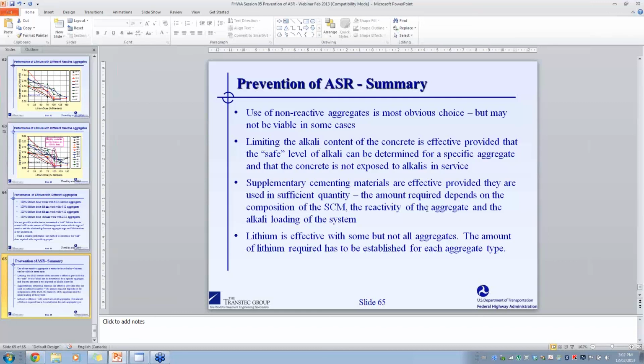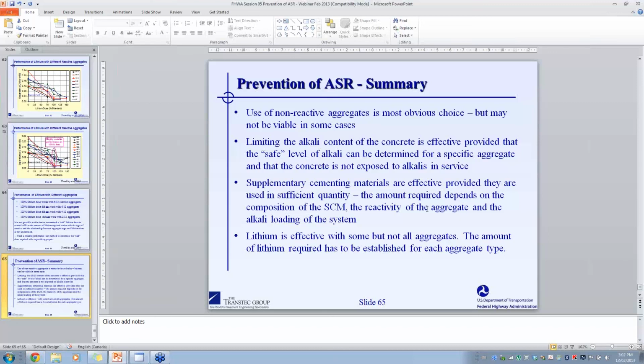If there's only a small quantity of silica in there, then it is possible that you can run out of steam, if you like, run out of reactive silica. And I've seen cases where after 10 years or so there hasn't been any sign of further expansion after monitoring them for 10 years.